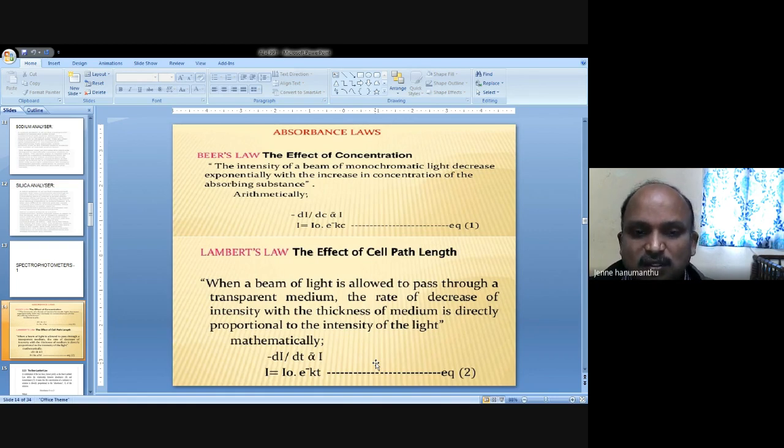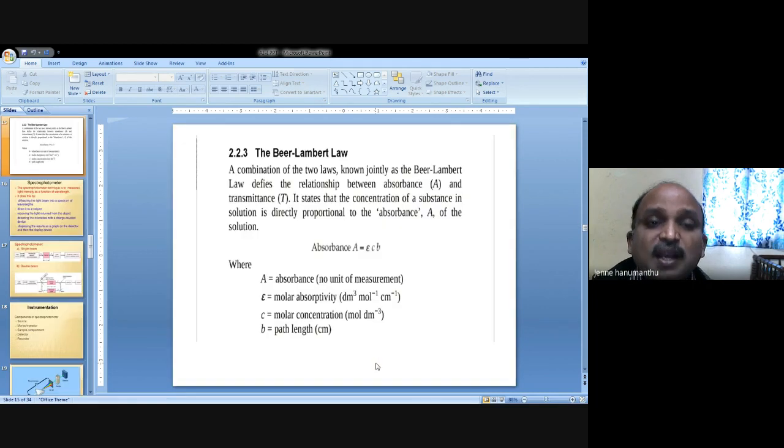That is what happens in Lambert's law. Combine these two, and you get the Beer-Lambert law. A combination of the two laws, known jointly as the Beer-Lambert law, defines the relationship between absorbance and transmittance. Absorption happens within the sample container.